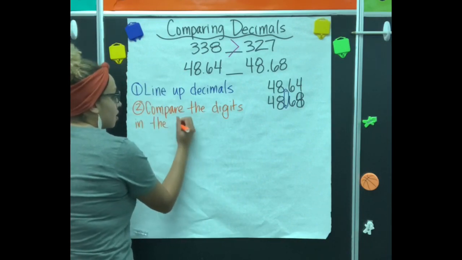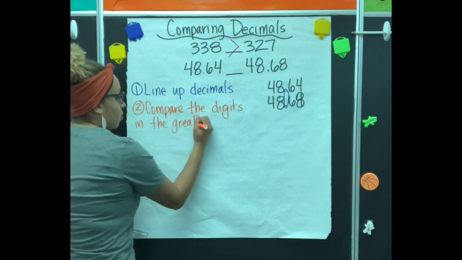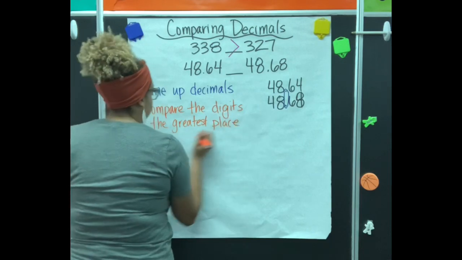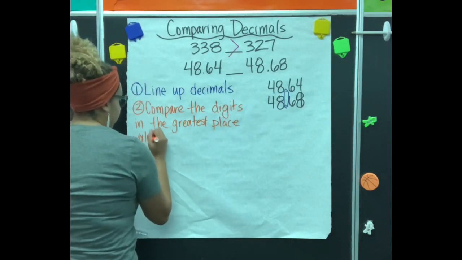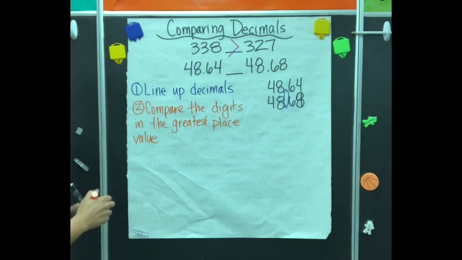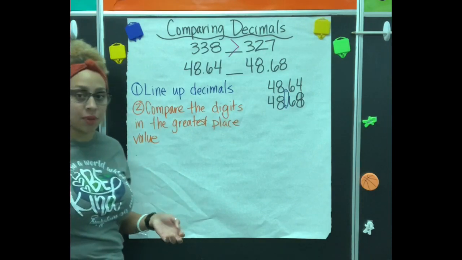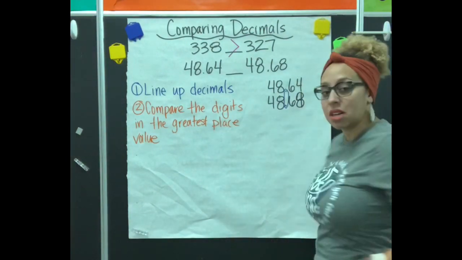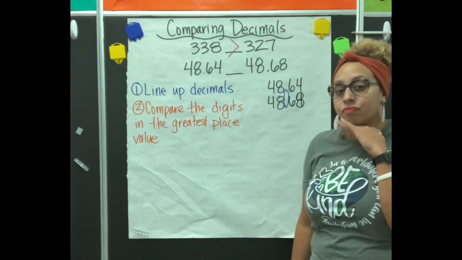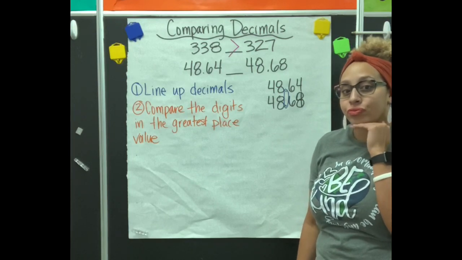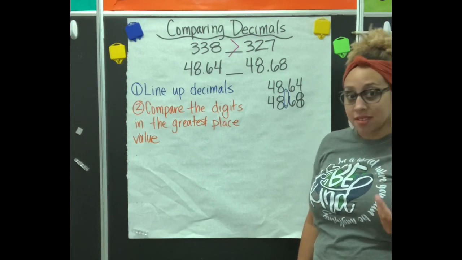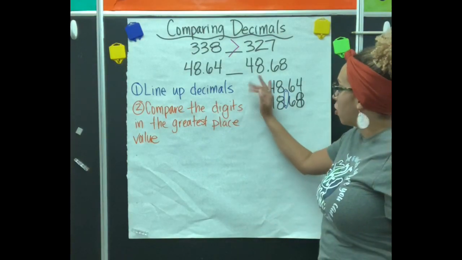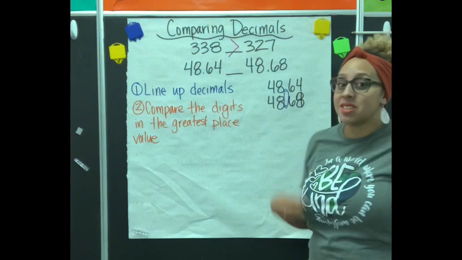in the greatest place value. We are going to compare the digits in the greatest place value. Why are we going to do it in the greatest place value? Why don't we start at the smallest one, the hundredths place? Because, like I said, I keep saying, if one of them has a value in the hundreds place, that one is automatically bigger.